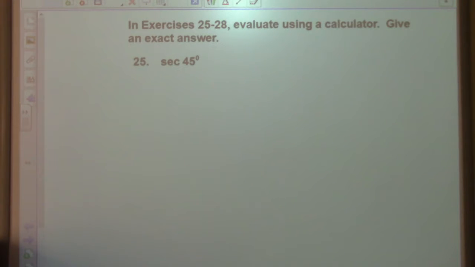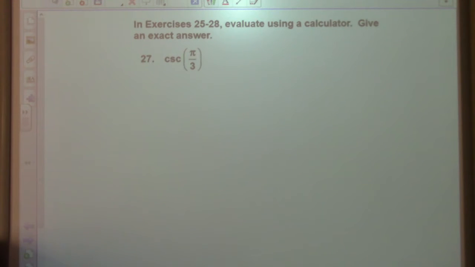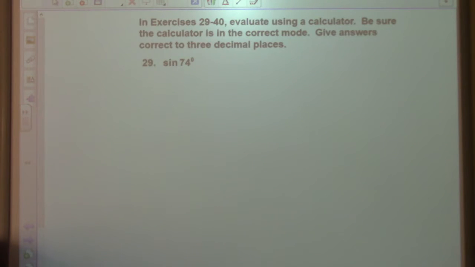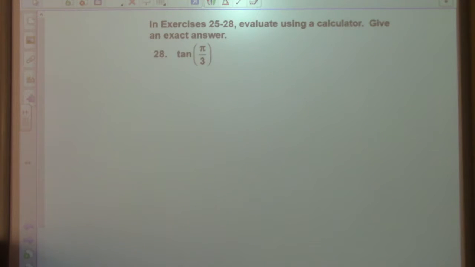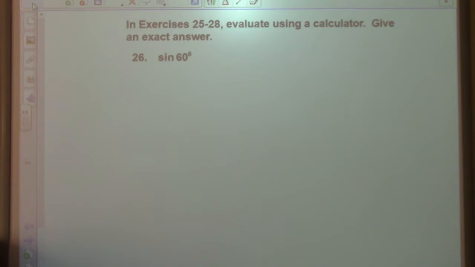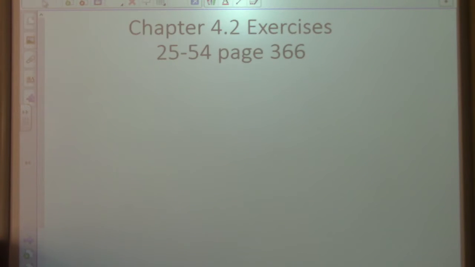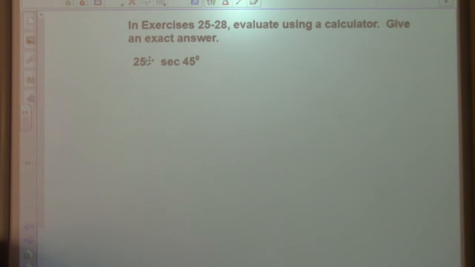Now, to me, 25 through 28 are kind of strange. Why? I'm going to go through these quickly, see what they are, and then compare. And 29 through 40 are also evaluating with a calculator. Why do I think 25 is strange?